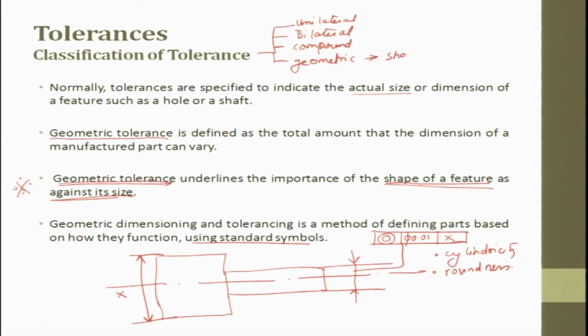Geometric is more of shape, these three are more of size, and to a large extent we should avoid them, because it is very difficult from the manufacturing and from the calculation point of view.